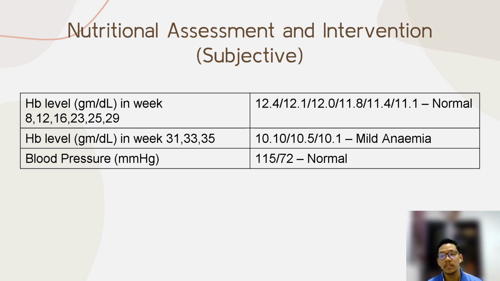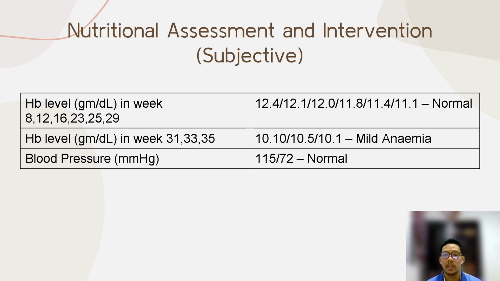For the nutritional assessment and intervention, subjective: the hemoglobin level in g per dl in weeks 8, 12, 16, 23, 25 and 29 respectively was 12.4, 12.1, 12, 11.8, 11.4, 11.1, which are normal.